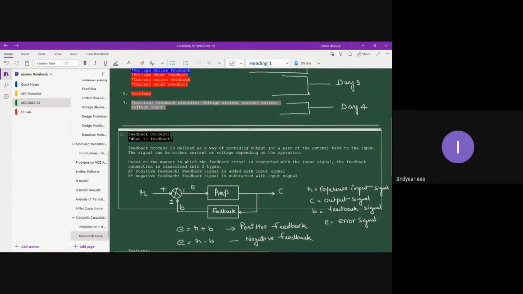Here you can see the bidirectional signal flow, right? In the top half of the circuitry, the signal is flowing from left to right.